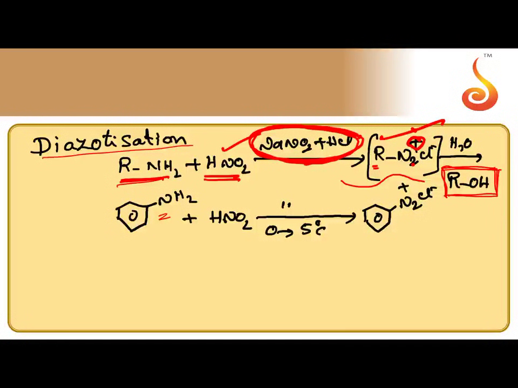Instead of aliphatic amine, if you take aromatic amine, on diazotization, a diazonium group is introduced into the molecule. That process is called diazotization.